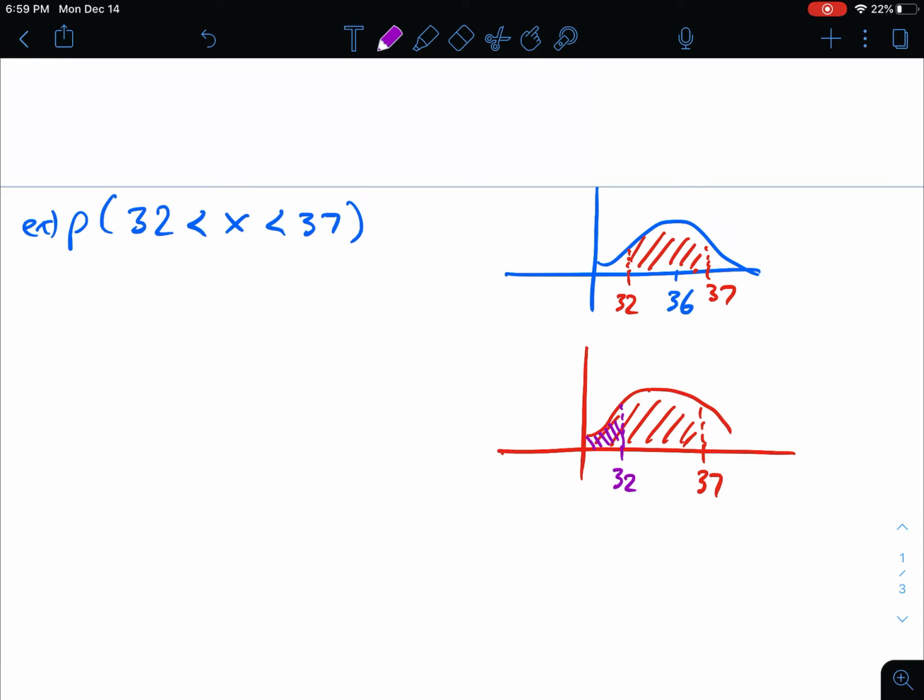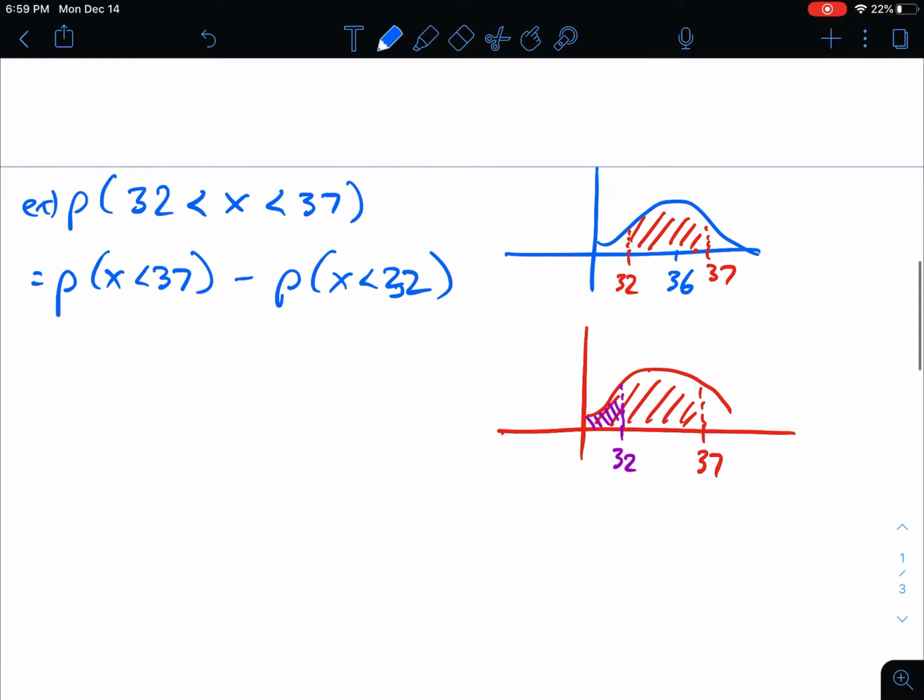Okay. So the way I'm going to do this is this. I'm going to rewrite this and say that this is the same as the probability of x less than 37 minus the probability of x less than 32. Oops, 32. You want to have the one on the right minus the one on the left, basically. Okay.